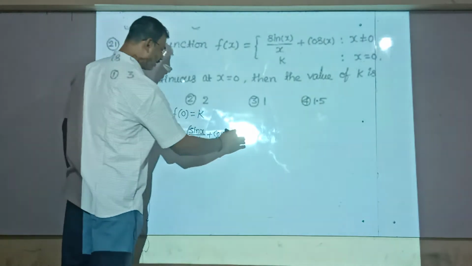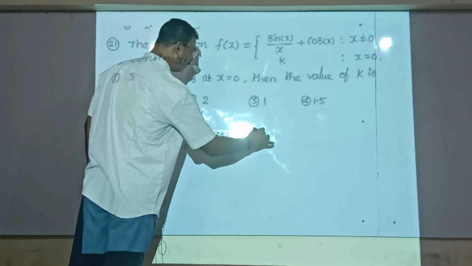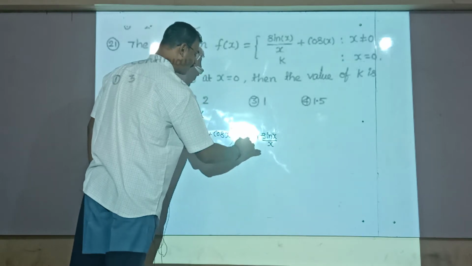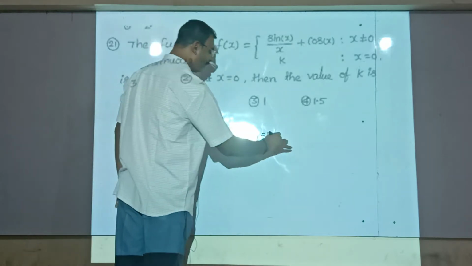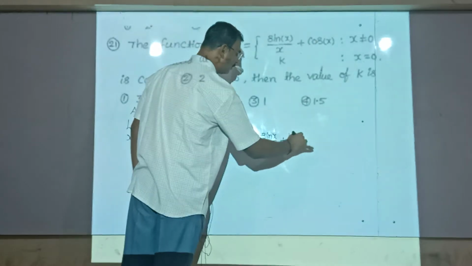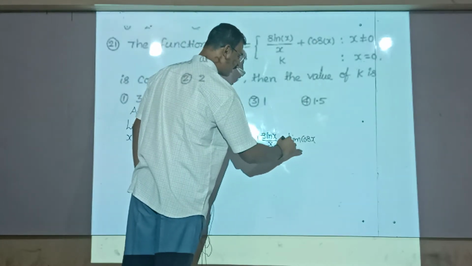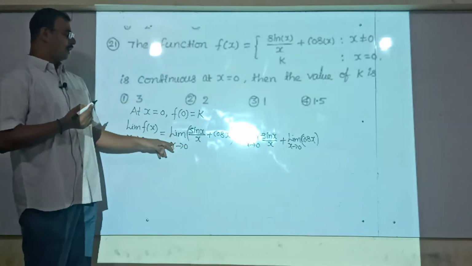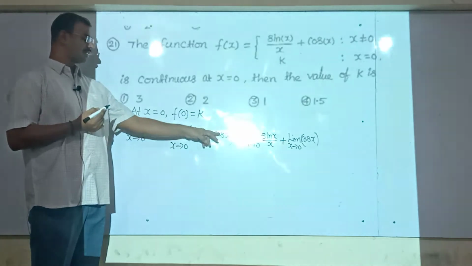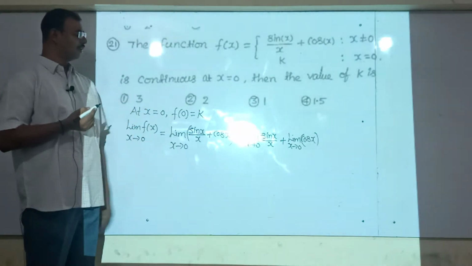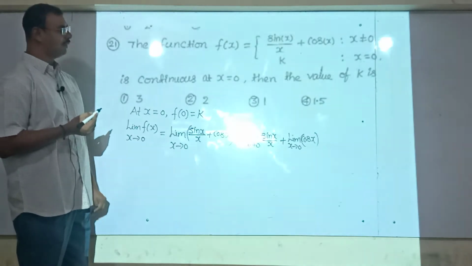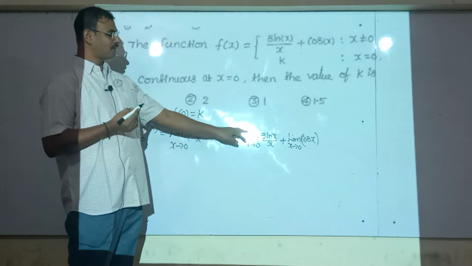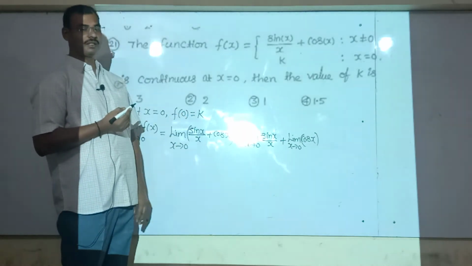I can write this as the limit of sin x divided by x as x approaches 0, plus the limit of cos x as x approaches 0. So this is the property: the limit of f of x plus g of x is equal to the limit of f of x plus the limit of g of x. As we know the property, and the definition also, we proved one theorem result.